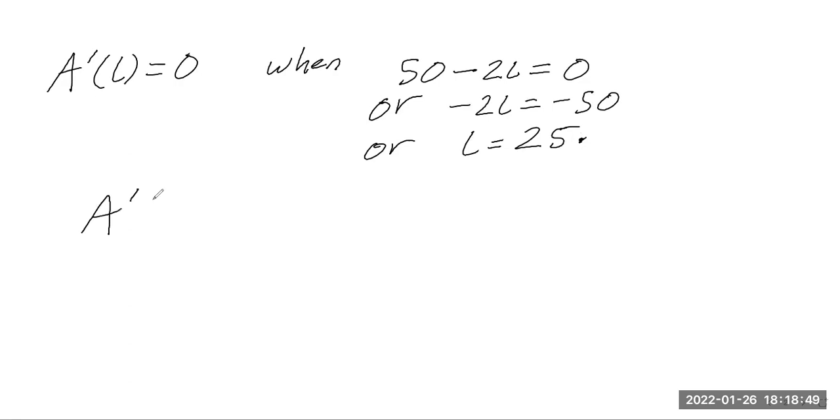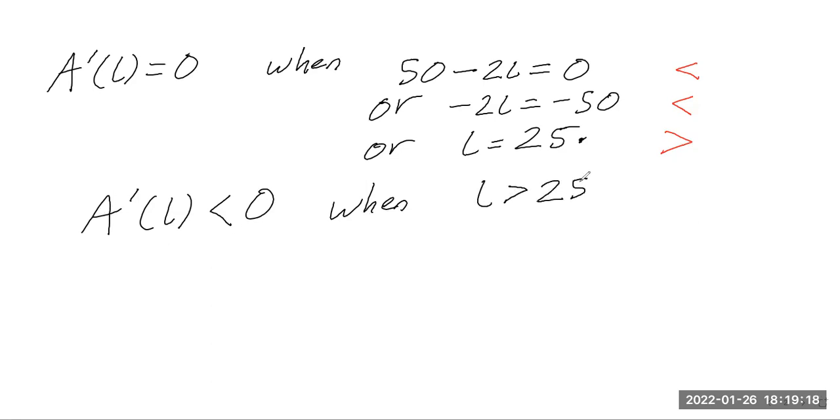But likewise, if I go back up here and I start replacing all these equal signs with less than signs, what happens? Well, less than still here. It's still less than here, but now because I divide by a negative, it flips to be greater than. So this is going to be negative whenever L is greater than 25.